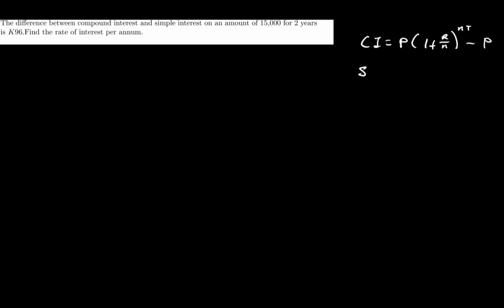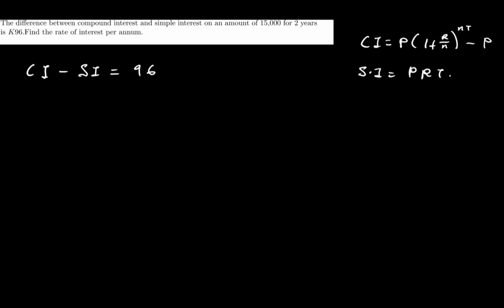And we know that the simple interest is equal to just PRT. Now the difference between compound interest and the simple interest is 96 kwacha. Now we basically need to find the value of the rate.